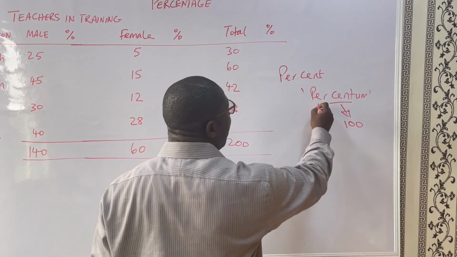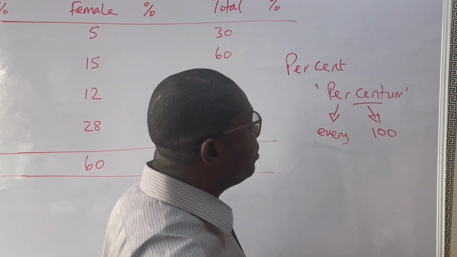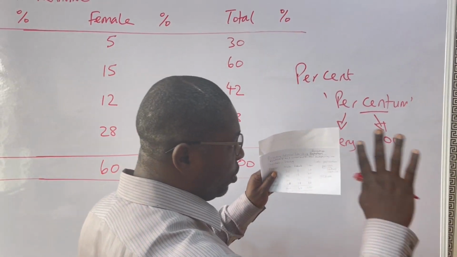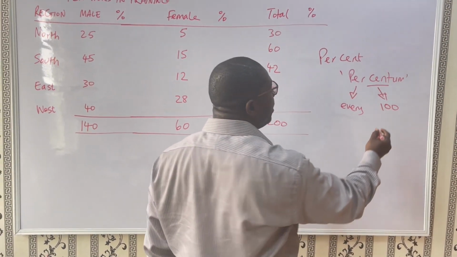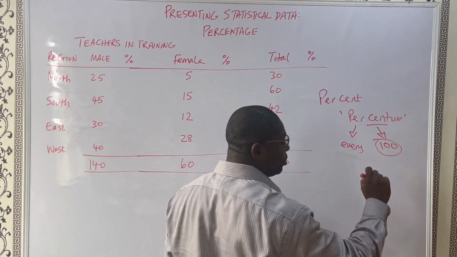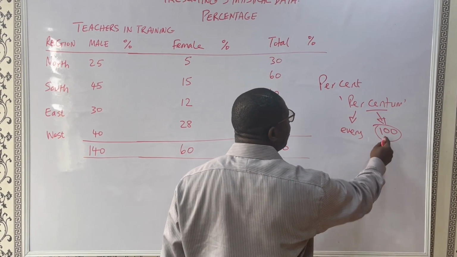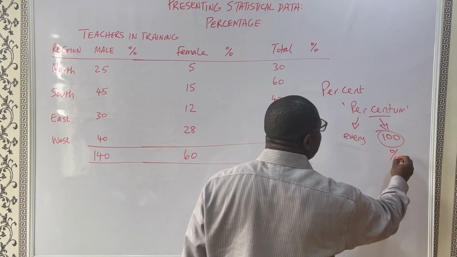So when you say per, I say for every. When you divide what you have available into 100 parts, the portion that you get from the 100 is presented in that, and the sign for percent is this sign.